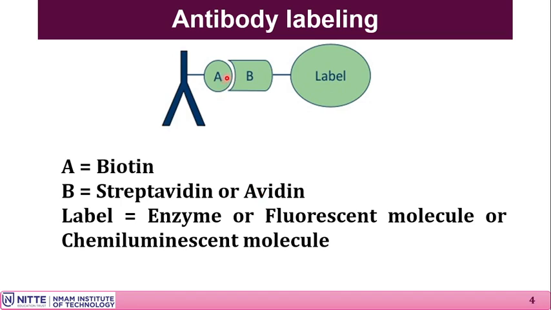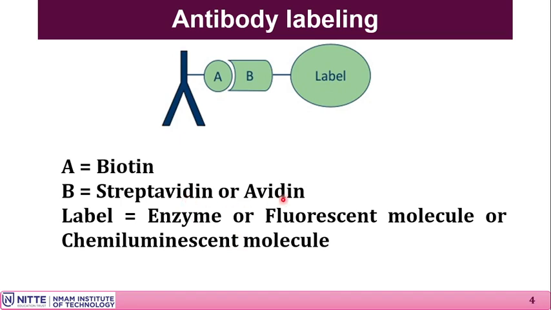Now, before binding the streptavidin or avidin to biotin, these two molecules can be independently made to react with the label. Here in this case, label stands for either enzyme or a fluorescent molecule or a chemiluminescent molecule.